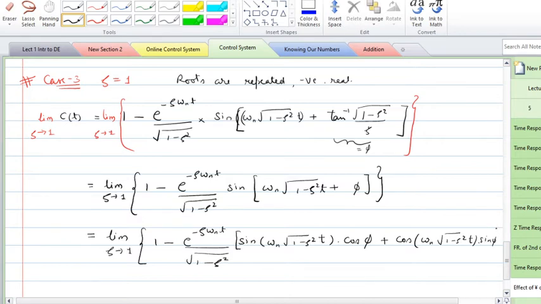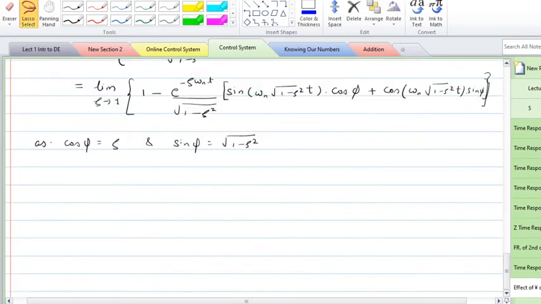Here we left the term t, so there should be t present here. Now substitute cos of phi equal to zeta and sin of phi equal to under root 1 minus zeta square.